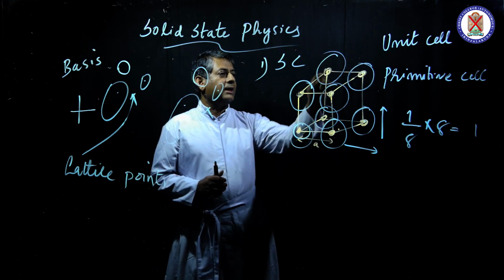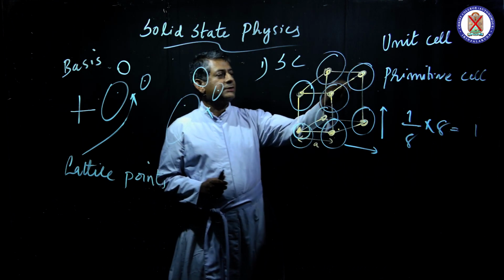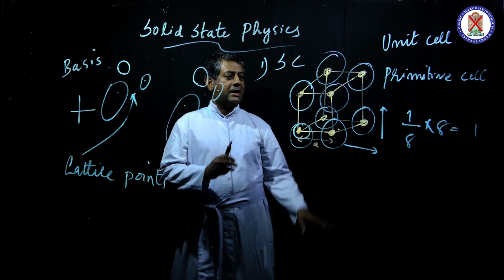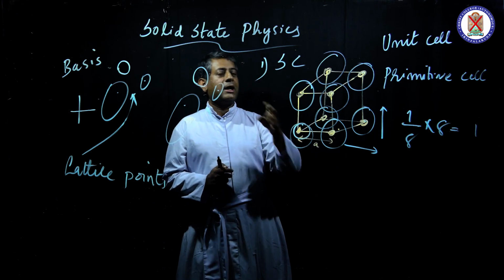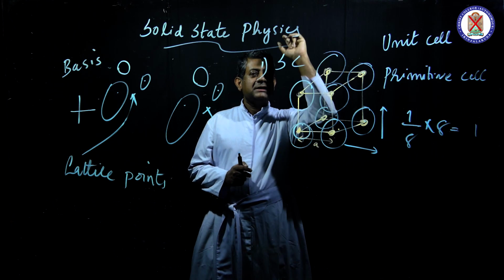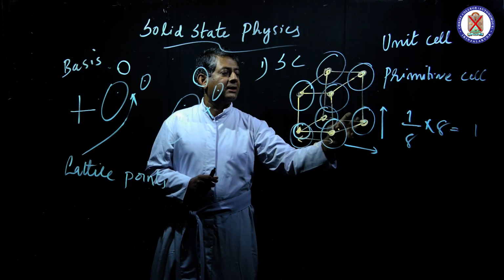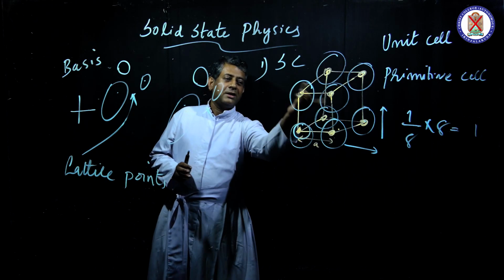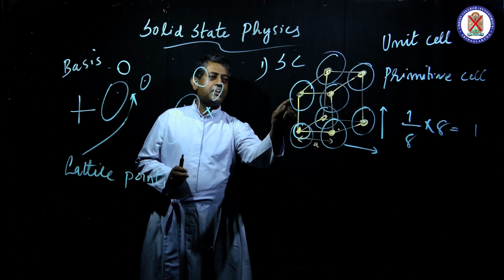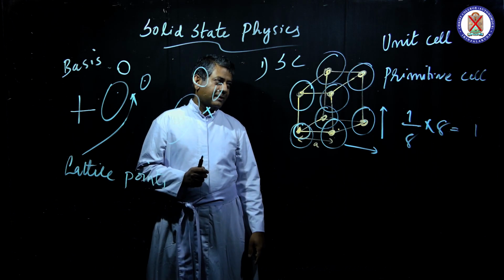If you place 10 atoms on this lattice point, definitely you are going to have 10 atoms on every other lattice point also. The basis consists of 10 atoms. Then in that case, inside this cube you have one lattice point, and on that one lattice point you have 10 atoms.